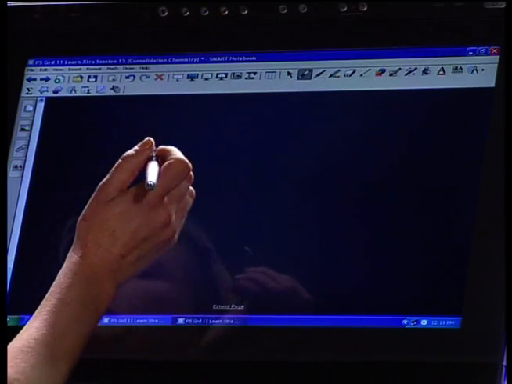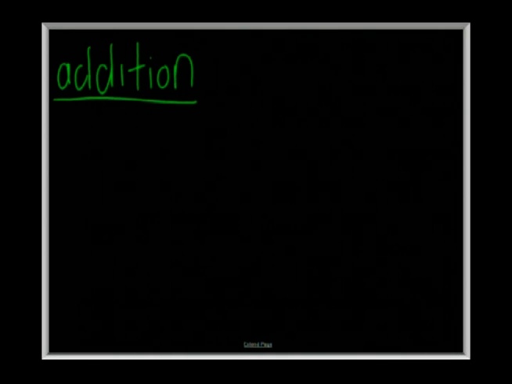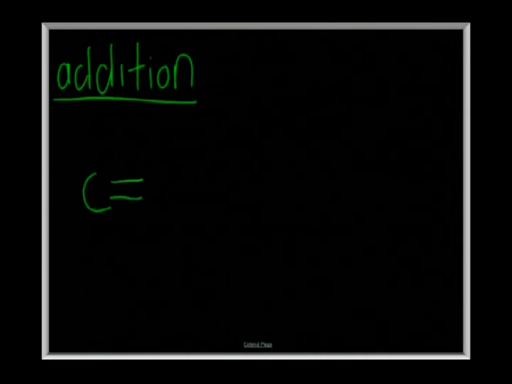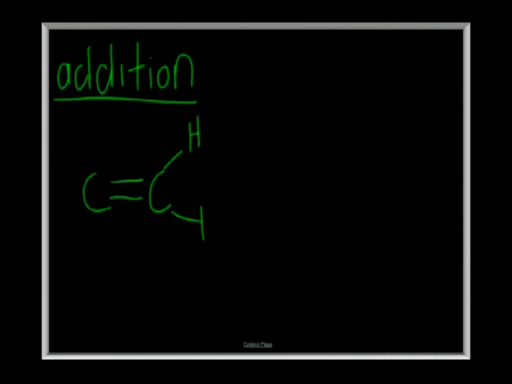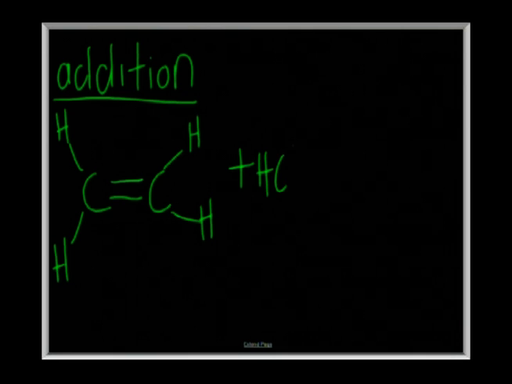Well, the opposite of elimination is then addition. And a good example of an addition reaction would be if I take a compound like ethene and I add something to it, like HCl, for instance.